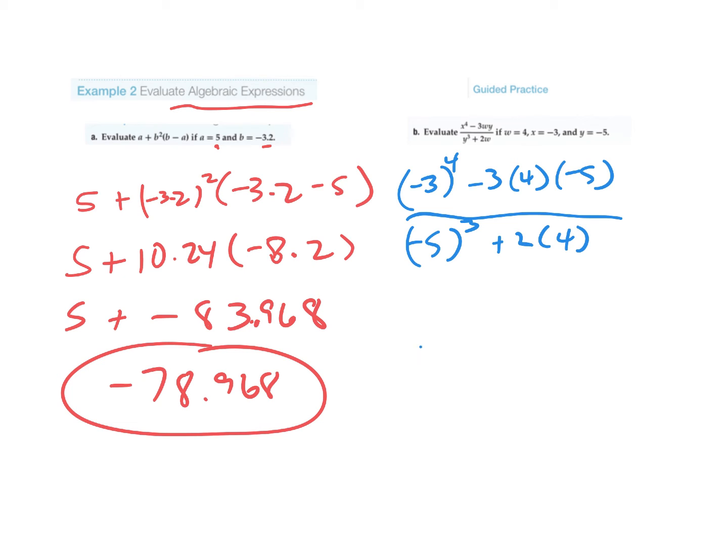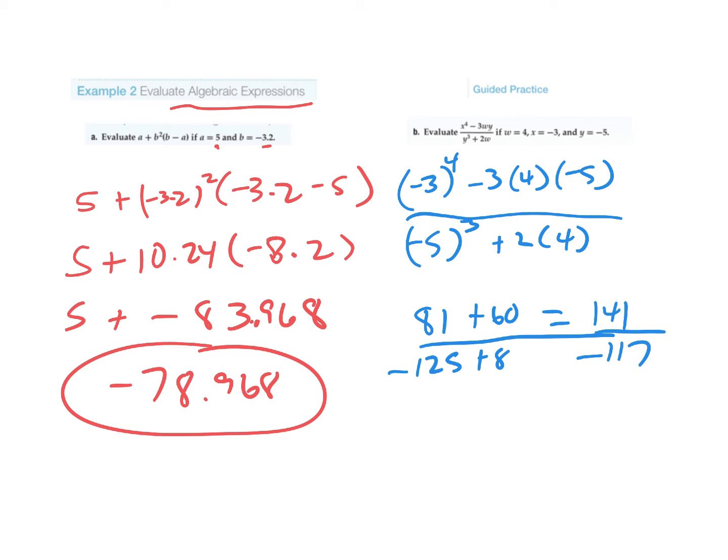If I do the math on the top, that will be 81, that would be a positive, and this will be a positive 60, and on the bottom I'm going to get a -125 plus 8. And if I continue that on, I'm going to get 141 over -117. And if you do that problem in your calculator, it will reduce to 47 over 39, negative because of the -117. So this would be the answer for that.